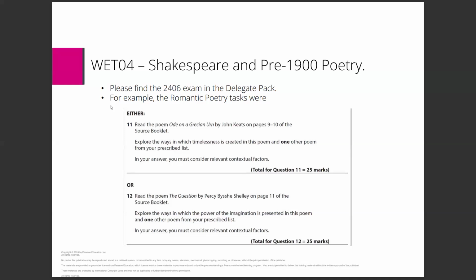The candidate will be redirected to a particular set poem. They will be asked to consider occasionally a theme and maybe at other times a potential technique or a wider idea. And it will be in the named poem and one other poem from the prescribed list.